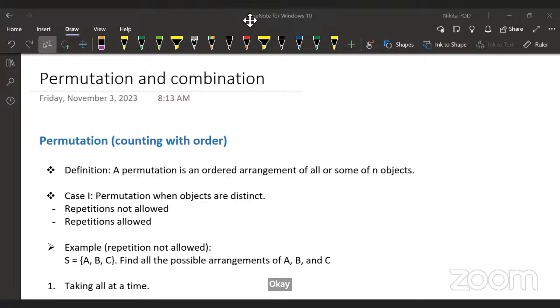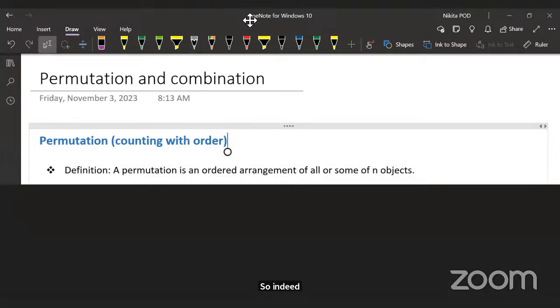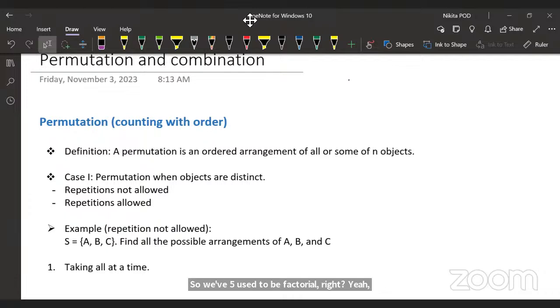So in week 5, what all did you study? You studied factorial, right? You have studied basic principles of counting. So now in week 6, we are just extending it a little further.